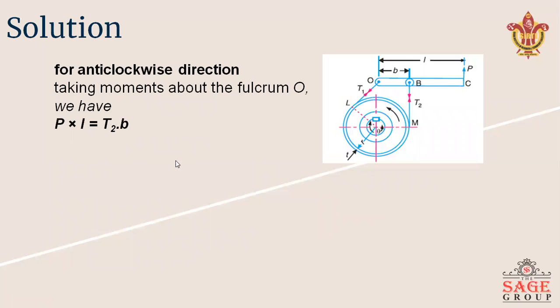P into L, that means force into perpendicular distance, direction anti-clockwise, and the second one is T2 into this perpendicular distance B, direction clockwise, and T1 into 0. So P into L is equal to T2 into B. L is equal to 500, B is equal to 100, and T2 we have already calculated in the previous slide as 444. So substitute all the values and we will have the value of P.